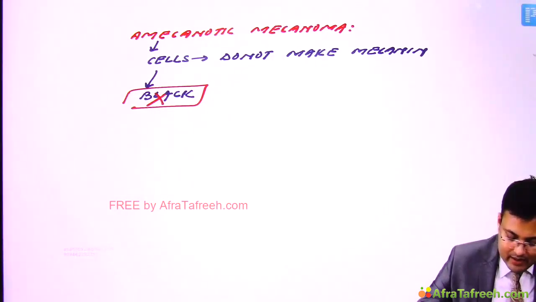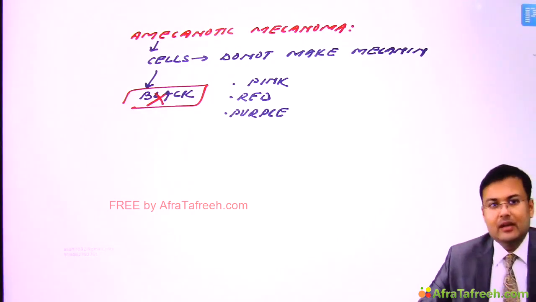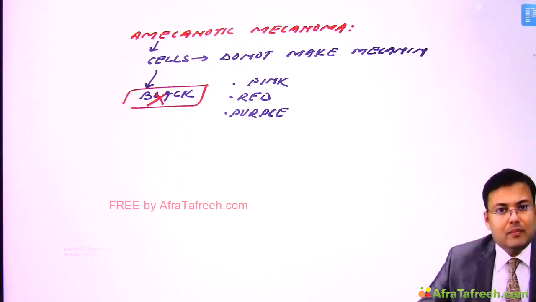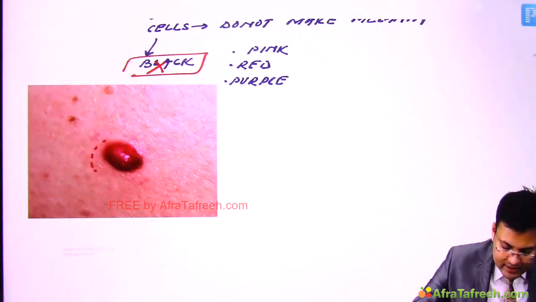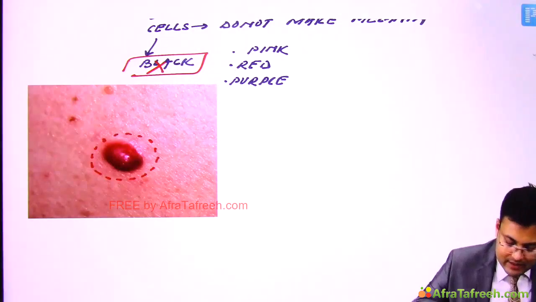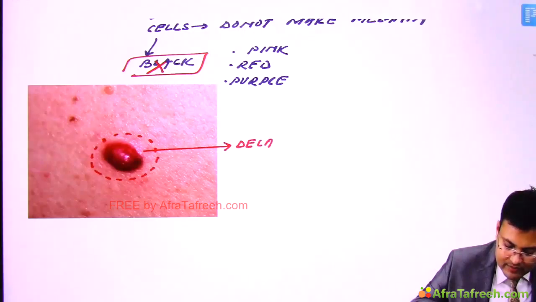It can be pink, it can be red, it can be purple, or it can be of normal skin color, but the color is not black. Now see, this is one amelanotic melanoma. Can you see? And see the color? The color is red. So what happens? Since the color is not black, it leads to delay in diagnosis.